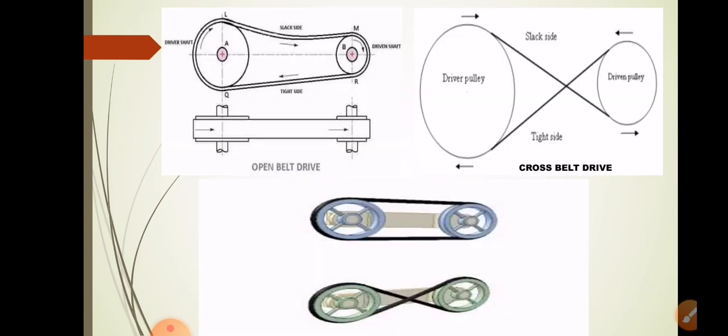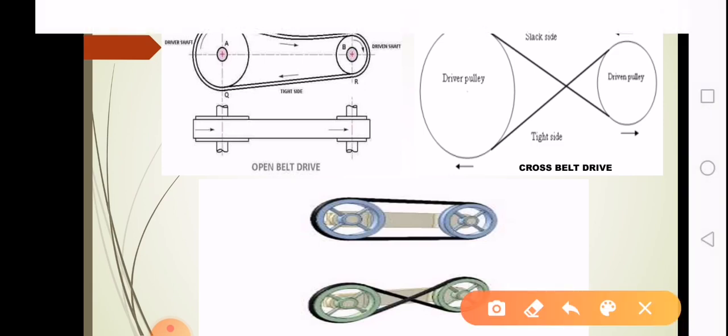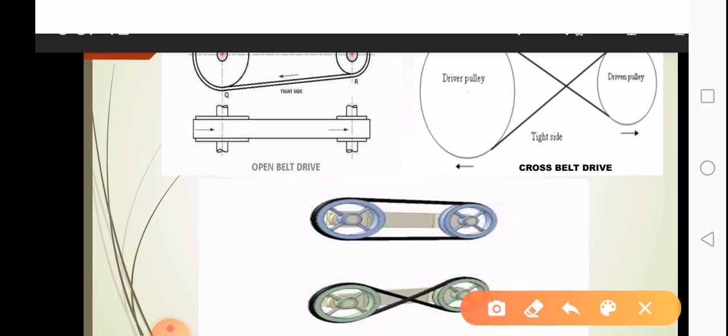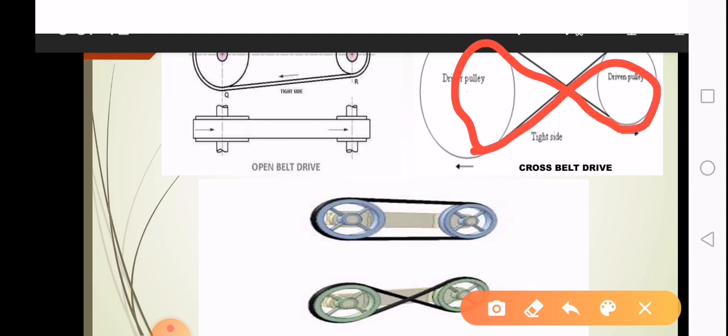Here you can see we have an open belt drive. Let's say this is the driver shaft and this is the driven shaft, and this is the belt passed over it. If the driver shaft rotates in the clockwise direction, then the driven shaft will also rotate in the clockwise direction. This is the top view of the same thing. Then we have a cross belt drive, shown here, where the belt comes and goes down and then comes in this direction.